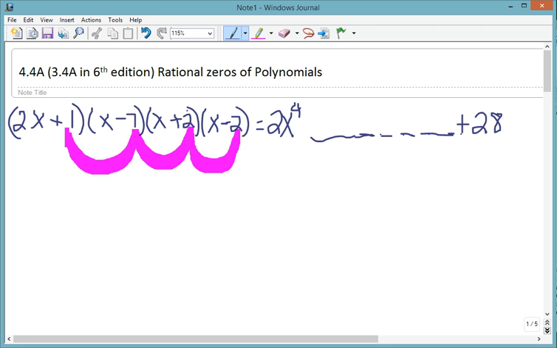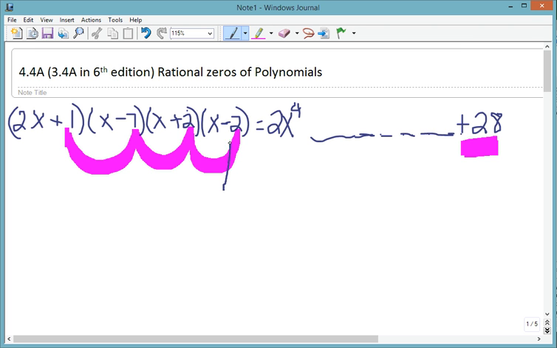Okay, so in order to get this last number, I multiplied all those numbers, and you notice that I can tell what the zeros are here.